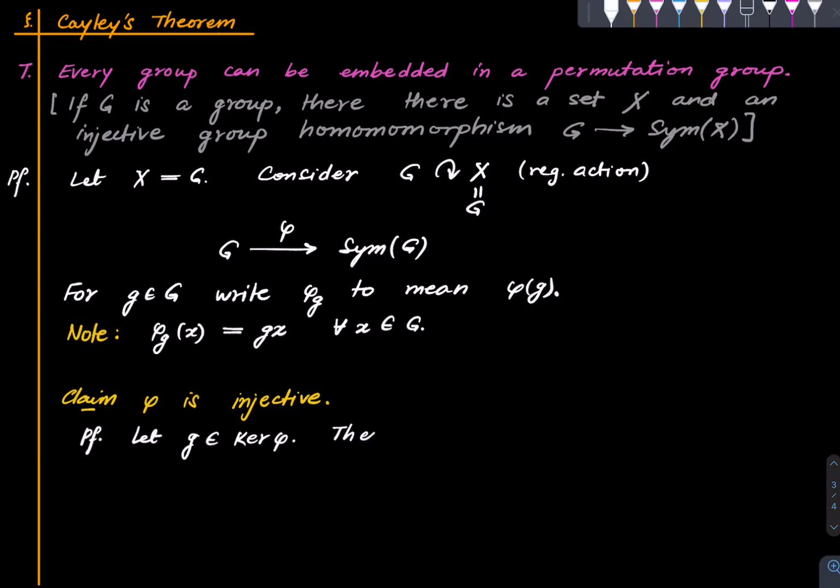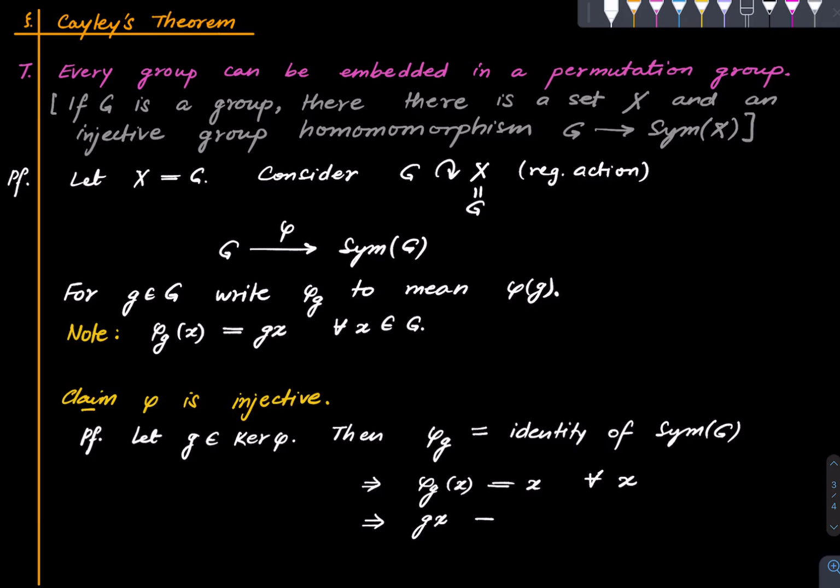Then phi_g is the identity permutation, identity of Sym G, which implies phi_g of x equals x for all x, which implies gx equals x for all x. In particular, this means g dot e, or ge, equals e, which implies g equals e.